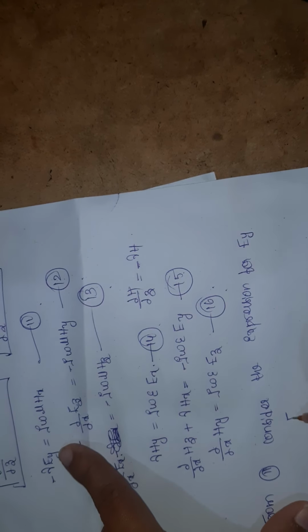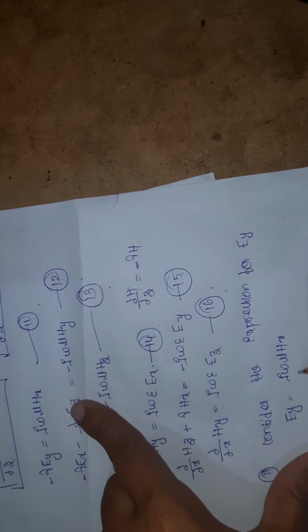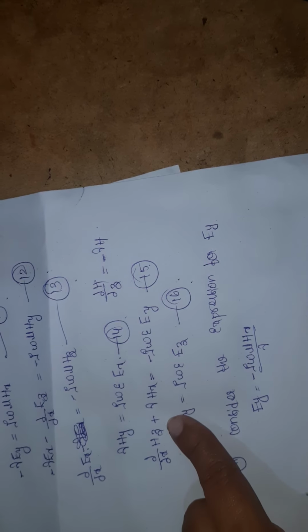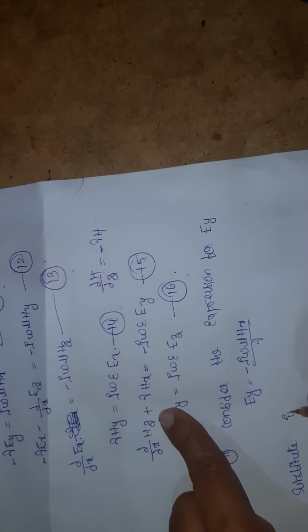So here ey is equal to minus j omega mu hx by gamma. Now substitute this ey in equation 15.